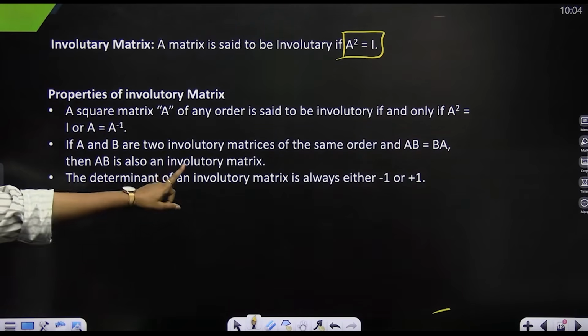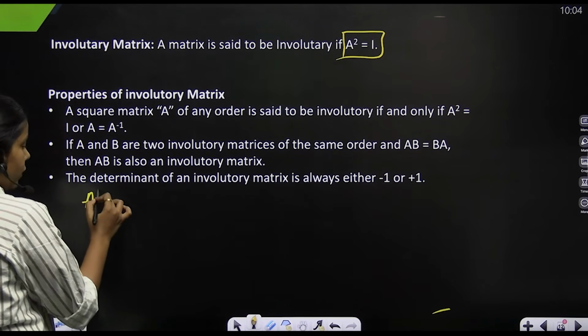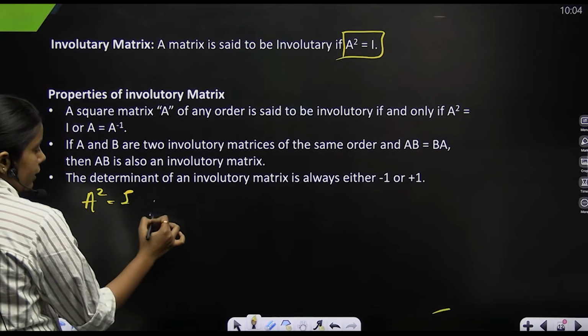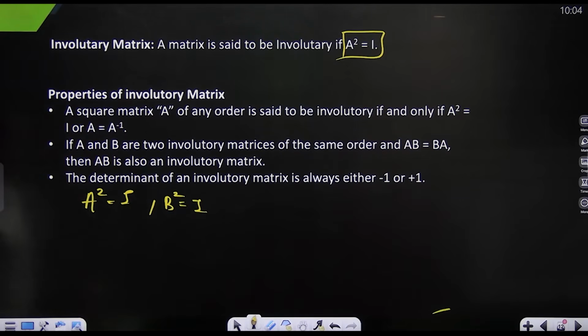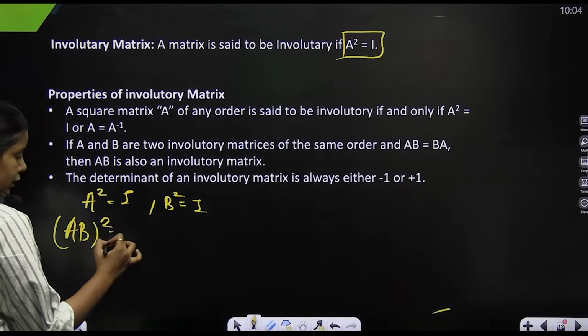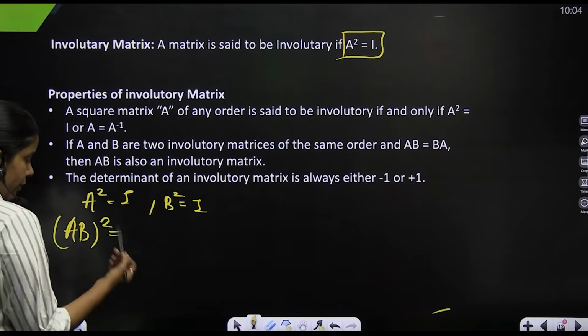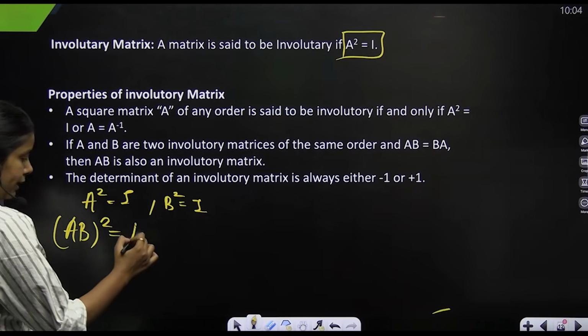A and B are two involutory matrices of the same order. If AB is equal to BA, then AB is also an involutory matrix. So let's suppose A square is equal to identity and B square is equal to identity. They are saying that then AB is involutory. So for that you have to check AB square.